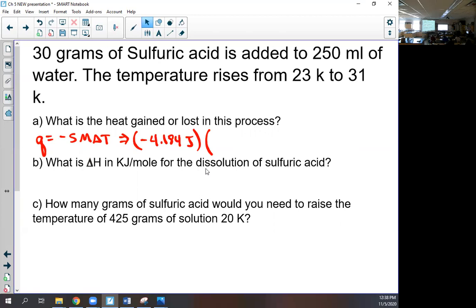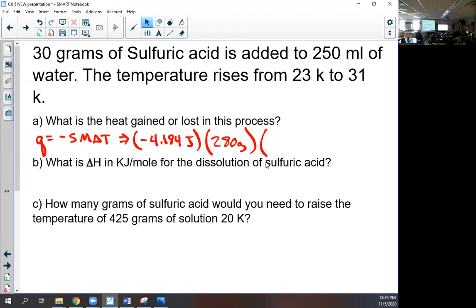M is the mass of the solution. So, does this give you the mass of the solution? All right, for water, milliliters and grams are the same. So we just have to add the two of them together. 30 plus 250. So I have 280.